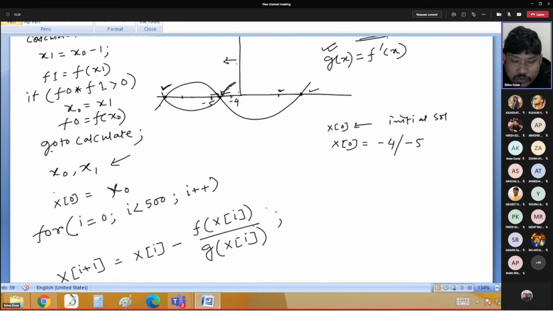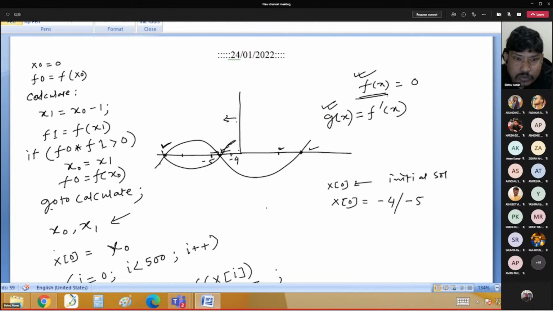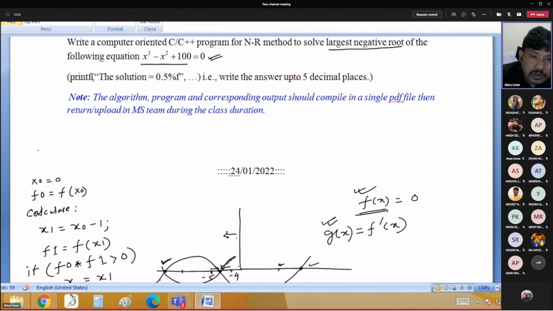Okay. In this process it will do lots of iterations, and what you have to do after defining all the headers: suppose you will define the derivative function. Define f(x). The f(x) function is given to you. Suppose this function is f(x). So what will you define here?